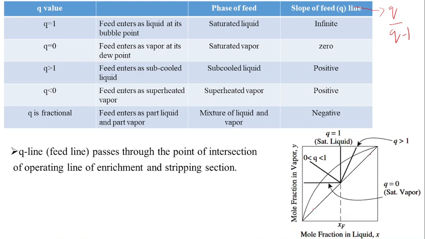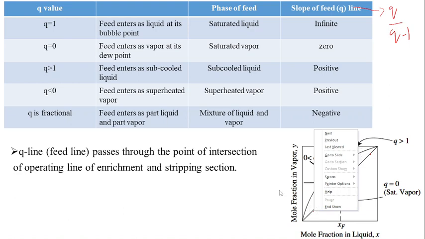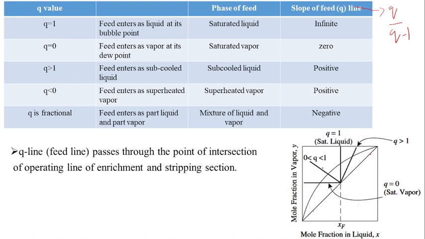Here the enrichment operating line and stripping operating line can also be seen, and the Q line will always pass through the intersection of the operating lines of the enrichment and stripping sections. Suppose the feed quality is saturated liquid, and you draw the operating line for the stripping section followed by the operating line of the enrichment section, both lines meet at this point, and the Q line always passes through this point of intersection.